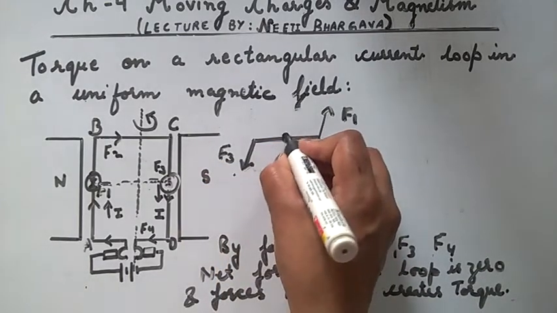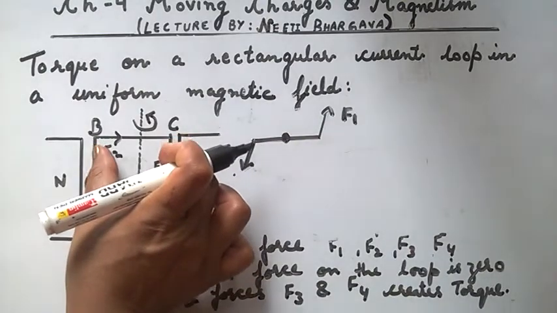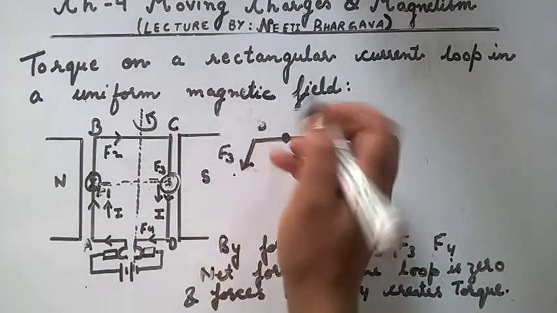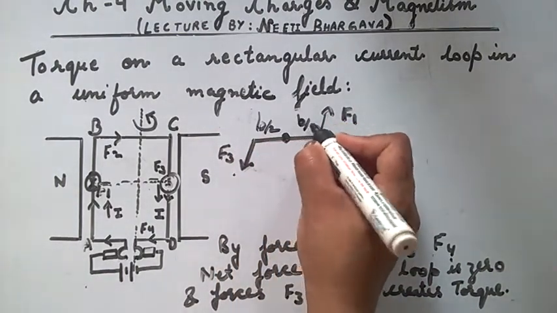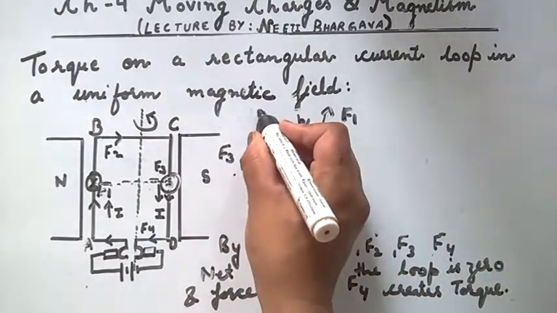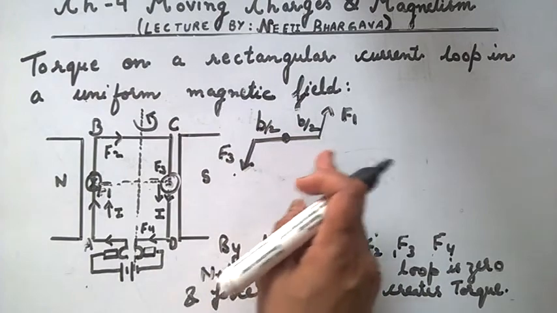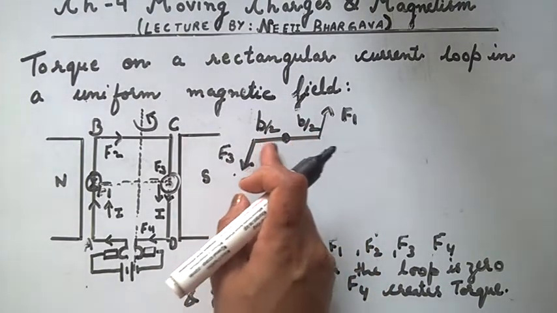From the center, the length equal to side BC, that is b, half of it is b by 2 from the center on each side. Therefore, torque is given as the magnitude of either of the two opposite forces times the perpendicular distance between them.